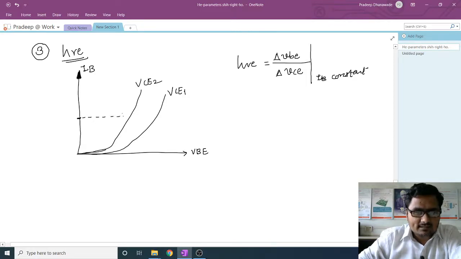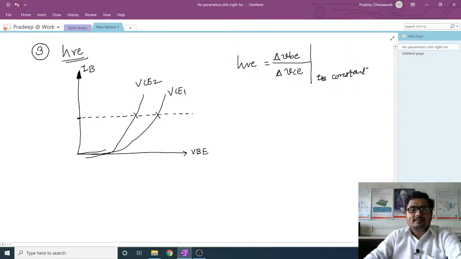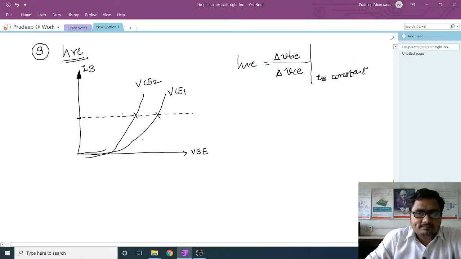Draw a complete horizontal line, and your horizontal line, that is parallel to the x-axis, where it cuts your graph, look at this, where it cuts here, here, right? Now those are my values for VBE.